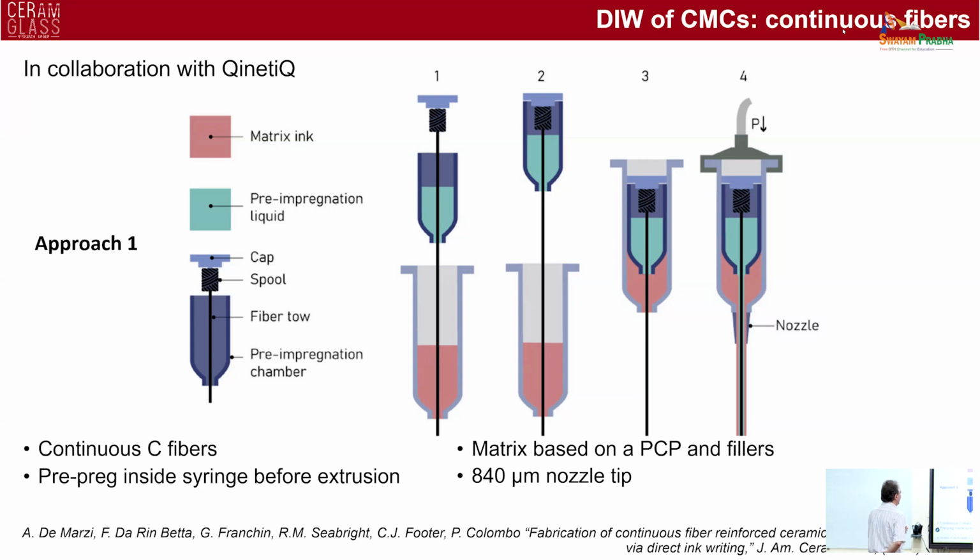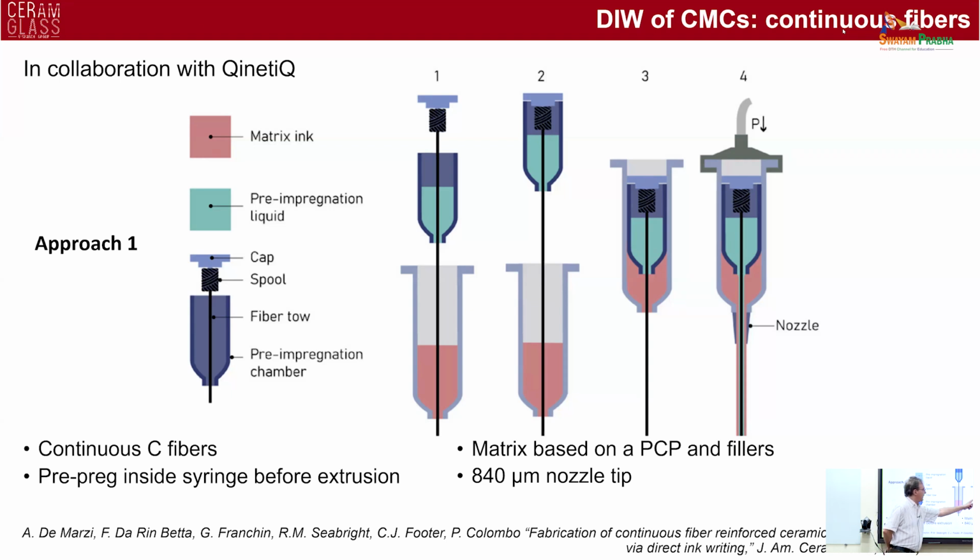So we not only have the fibers that can be extruded, but we also have a prepreg chamber. And of course, here we can put our silicone resin material that allows us to prepreg the fibers before they are met by the matrix and extruded.